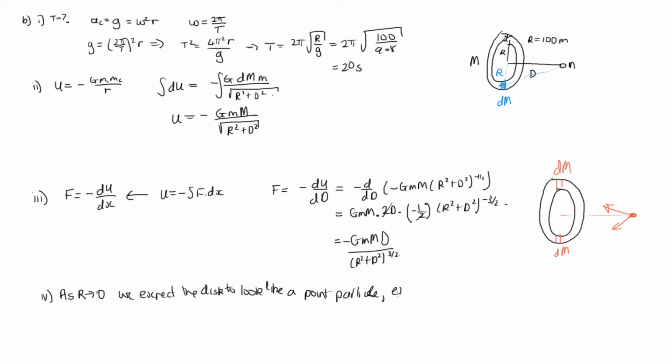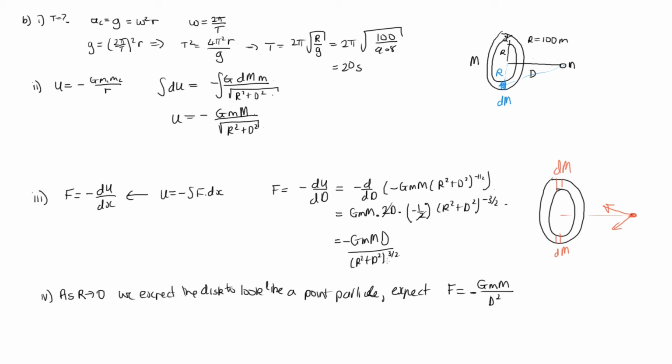So we expect F to equal GMm over the distance between them squared, so that's d squared, and we expect this to be a force to the left. It's an attractive force, so we end up with a negative there if the diagram was drawn this way like it's drawn in the question.